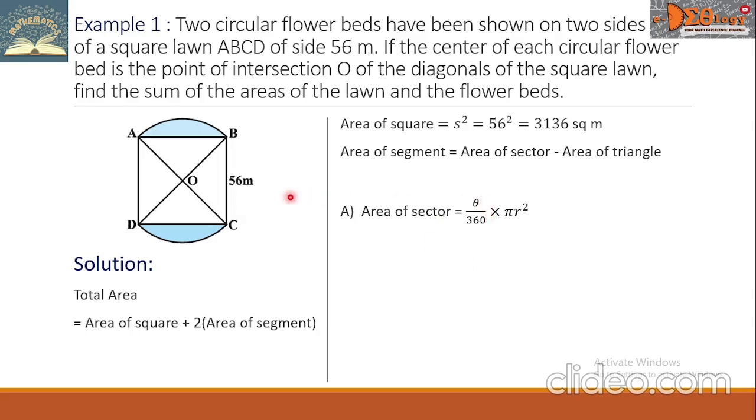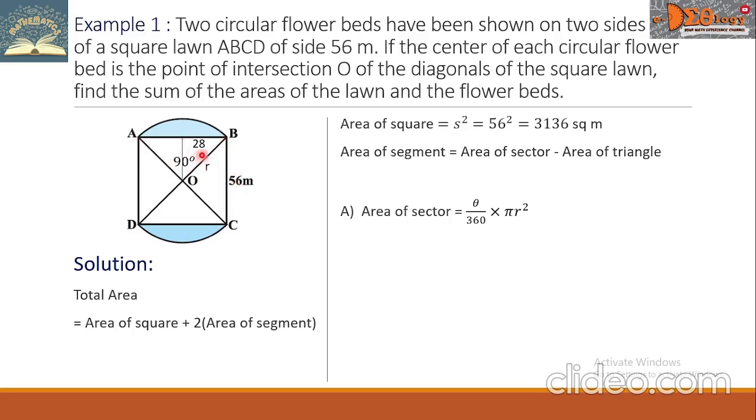The theta is the central angle 90 degrees, and the radius is not given. We need to solve for it first. Now let us draw a perpendicular bisector for the angle 90 degrees. So we will have 45 degrees on each side. And also the side AB, which is 56, is divided into two.